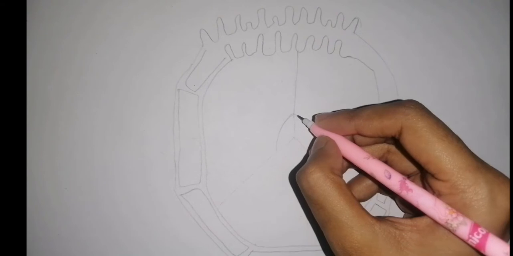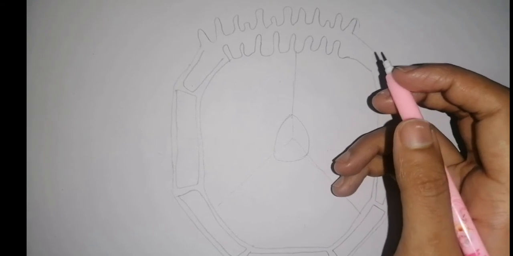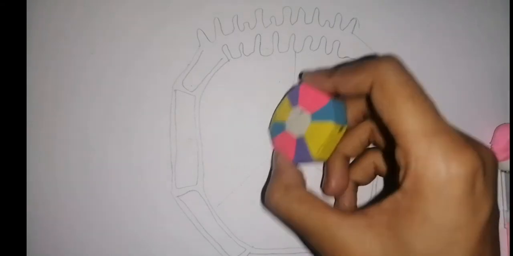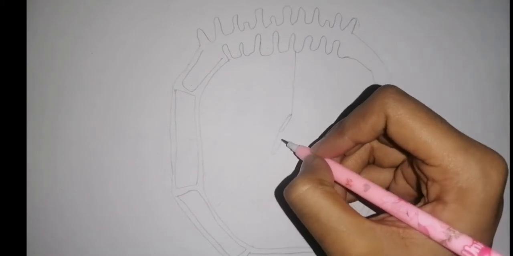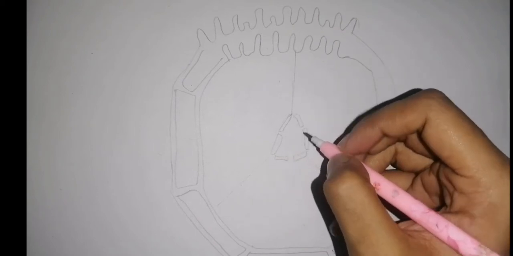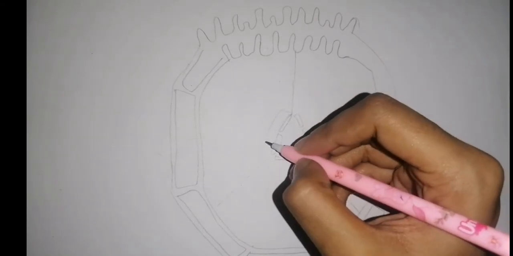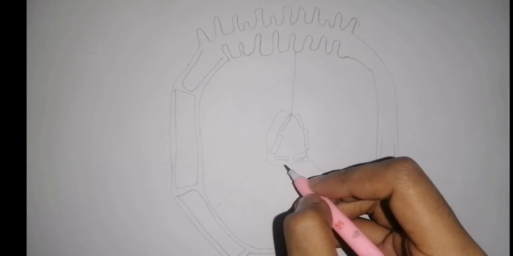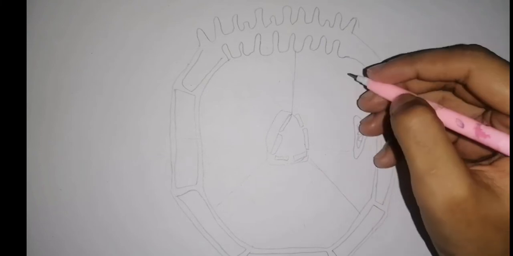Make the nucleus at the center. Now make all the organelles present in animal cell.